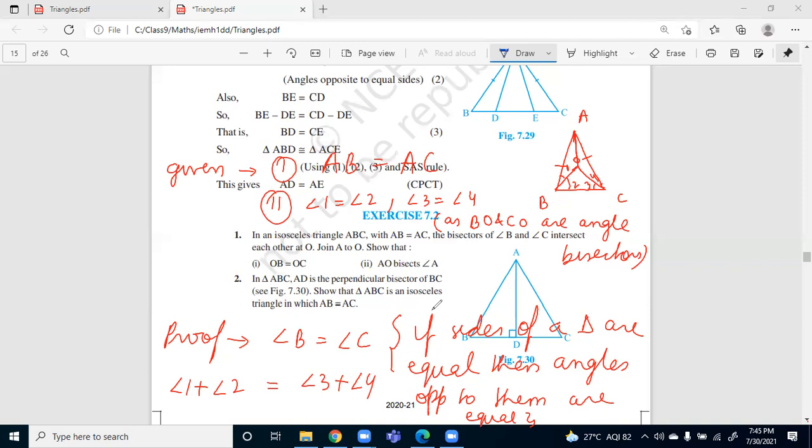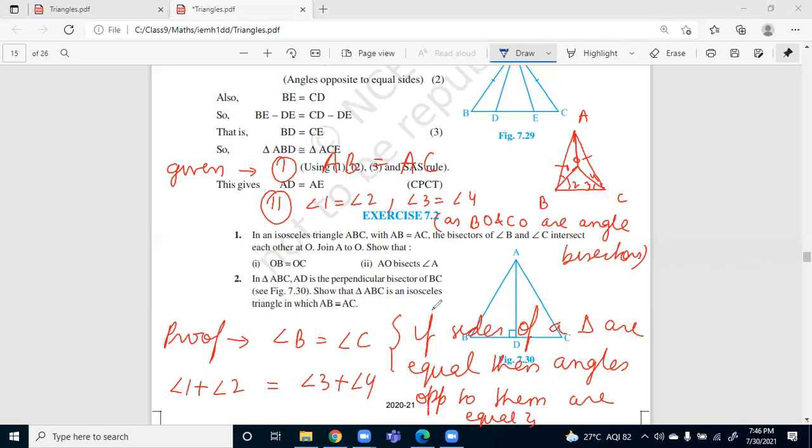Angle B is made up of angle 1 and angle 2. Similarly, angle C is made up of 3 and 4. Do you agree with that?